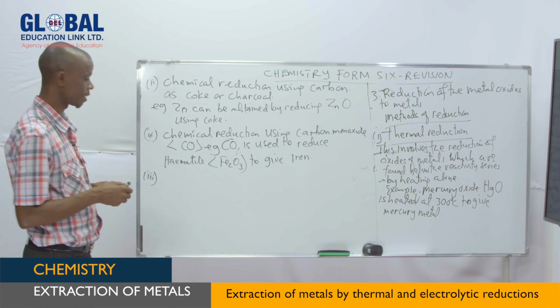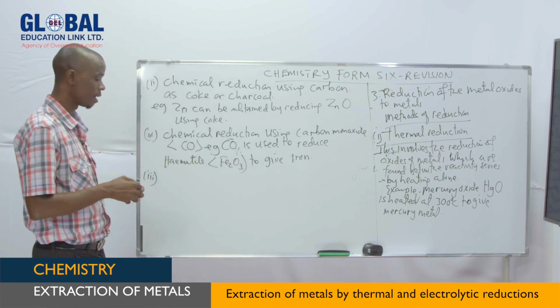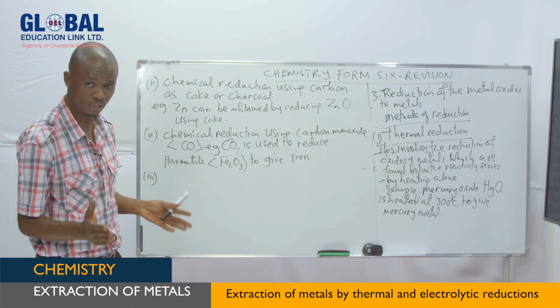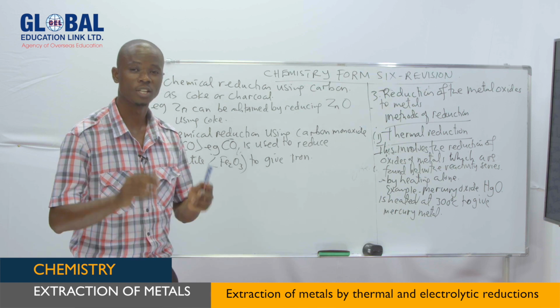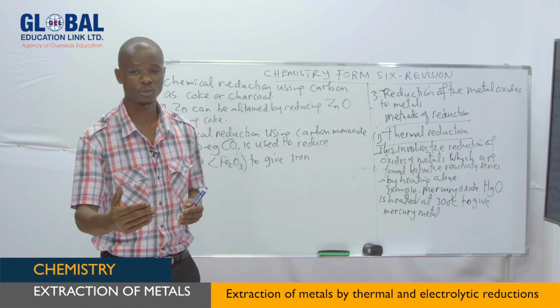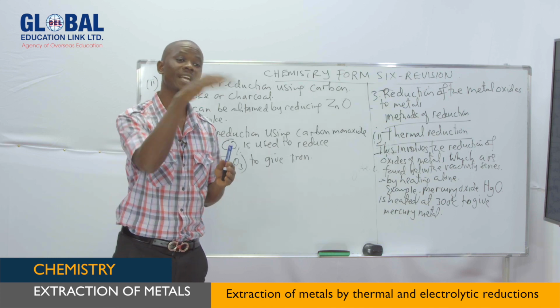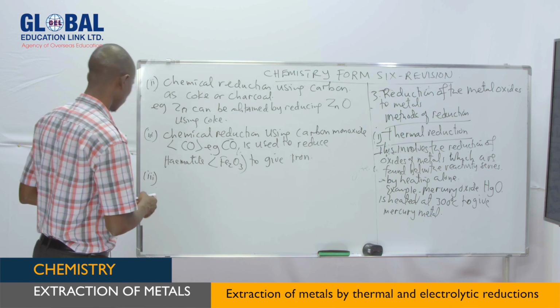Another reduction that can be used here is by using a more reactive metal. For example, chromium can be extracted from chromium oxide by using aluminum metal, because aluminum is more reactive than chromium. This is called thermite reduction.